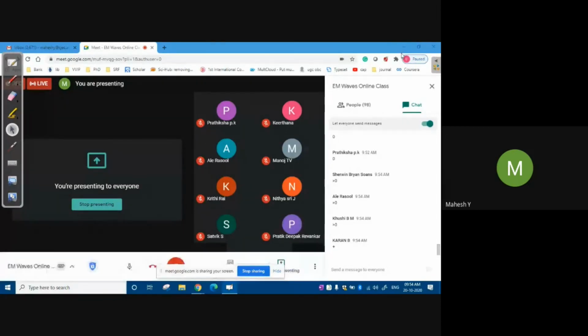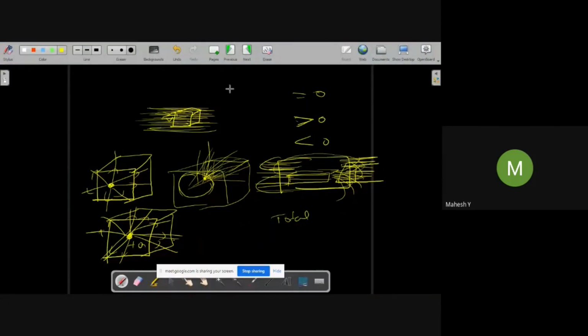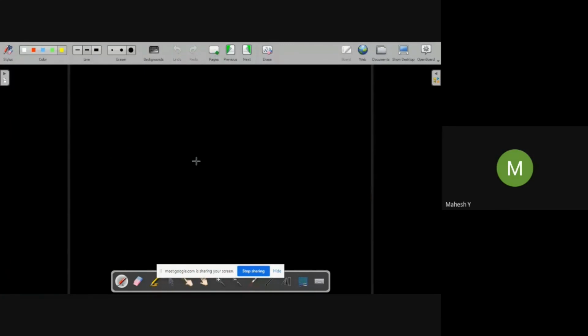What if I am excluding the charge? Let me take a fresh page. This is the charge, there are flux lines, and I am creating a box like this. So the electric field fluxes are entering and leaving through the box.